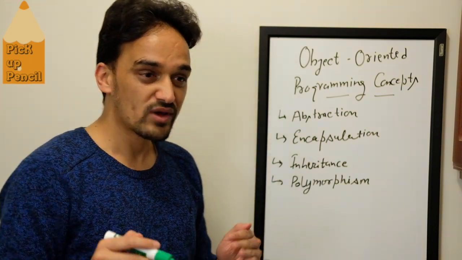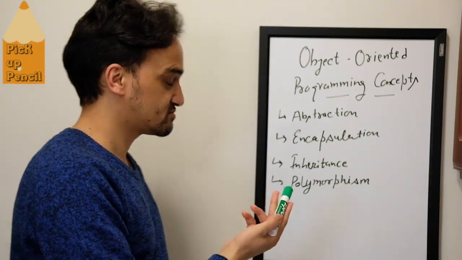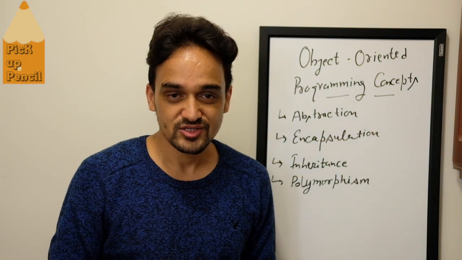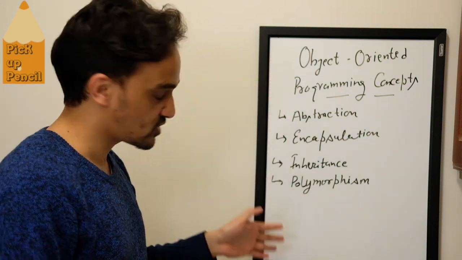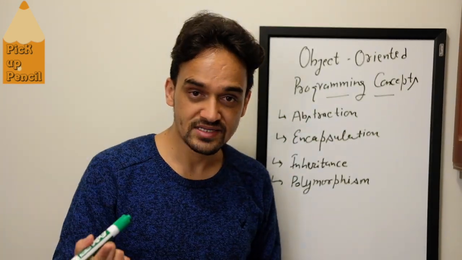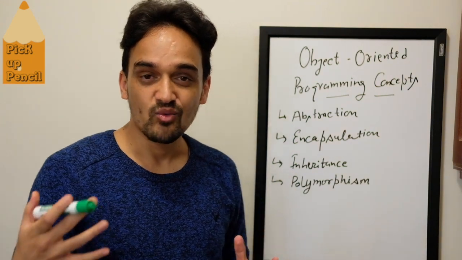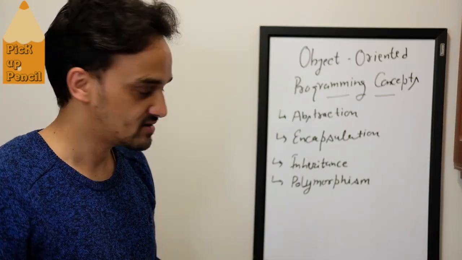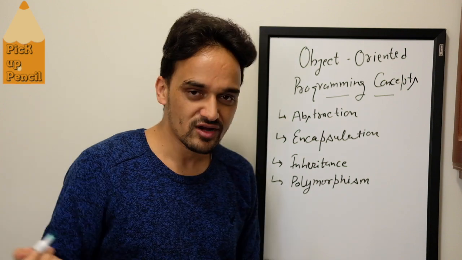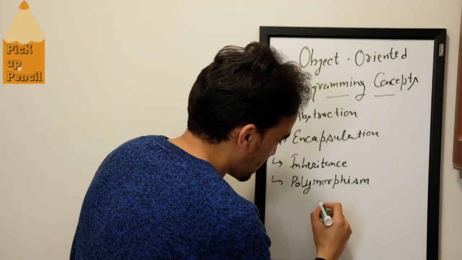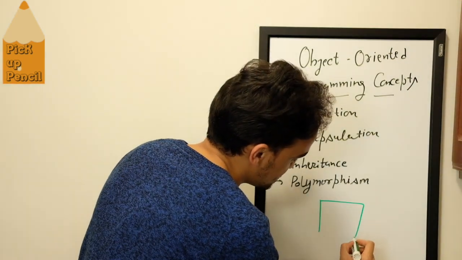We keep talking about the object a lot, right? So before jumping into these concepts, I want to take a moment to understand what an object really means. An object is nothing but an entity.